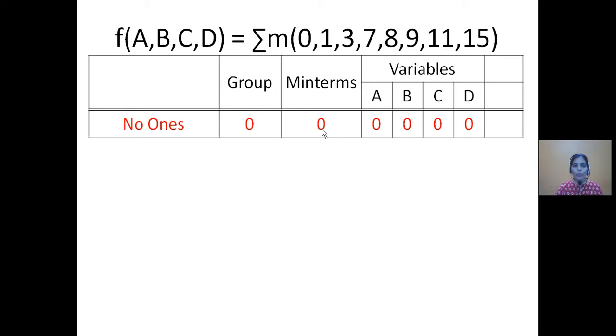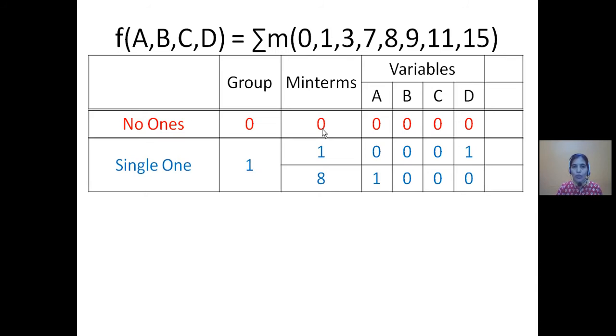The second group is that of a single one. So let's look at the min terms which have single ones. The first is the min term which is 1, and the second min term which is 8. So 1 is represented by 0, 0, 0, 1, and 8 is represented by 1, 0, 0, 0.